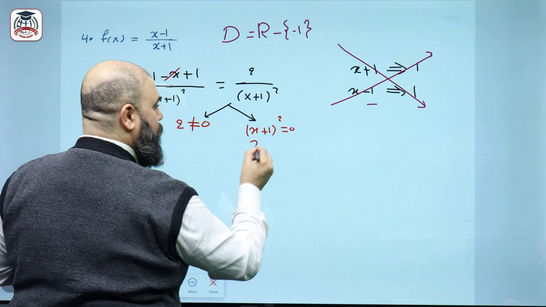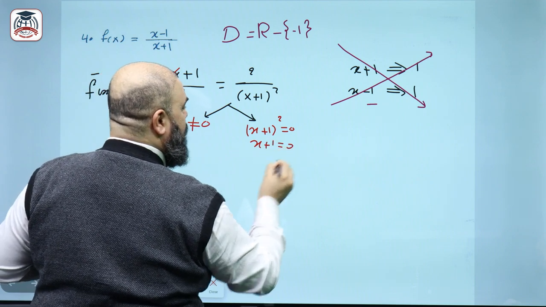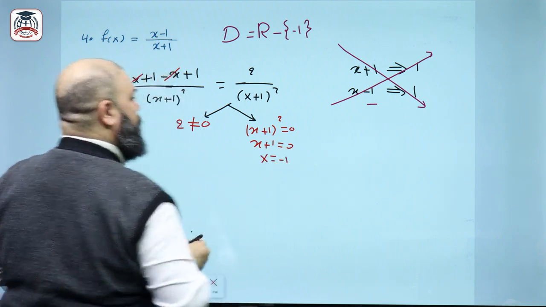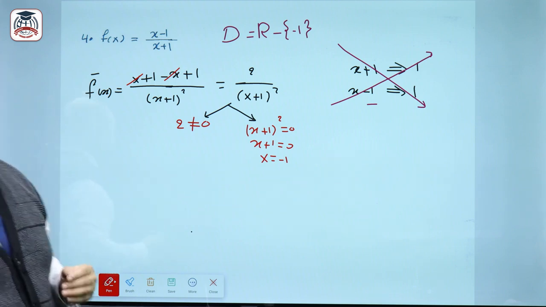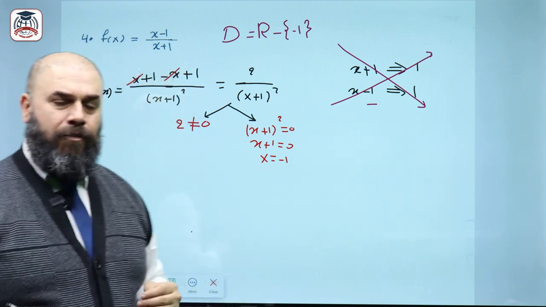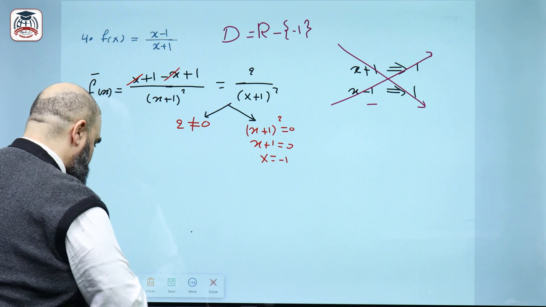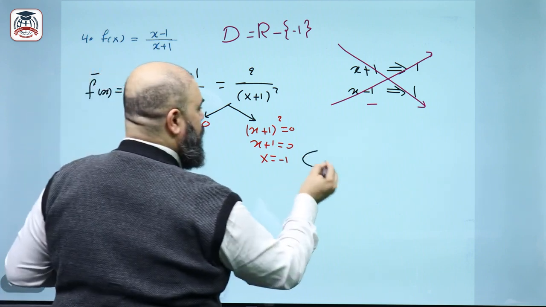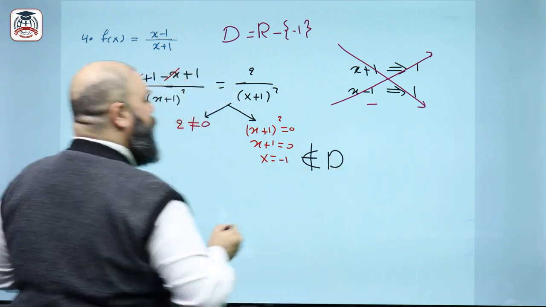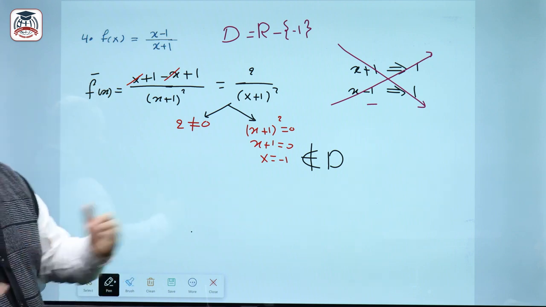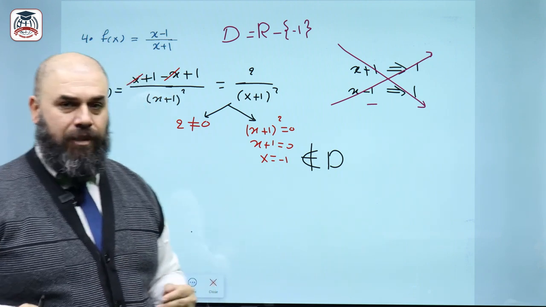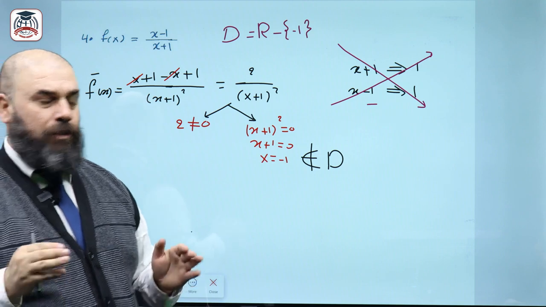Then x plus 1 is 0, so x is negative 1. Is negative 1 a critical value? No, because it doesn't belong to the domain. Then we have no critical point.